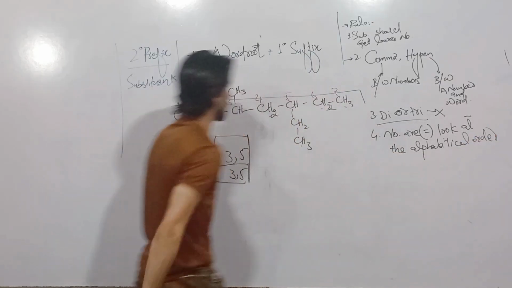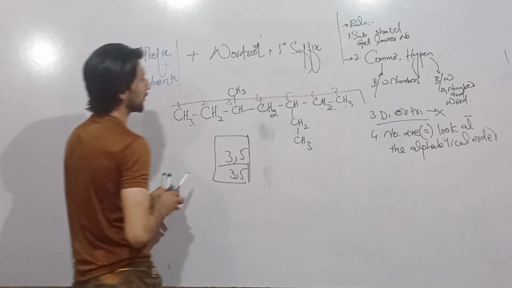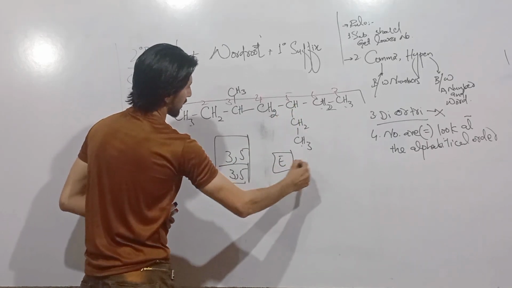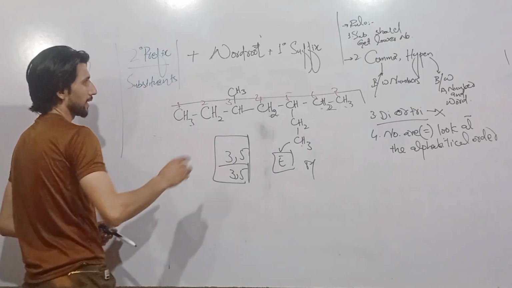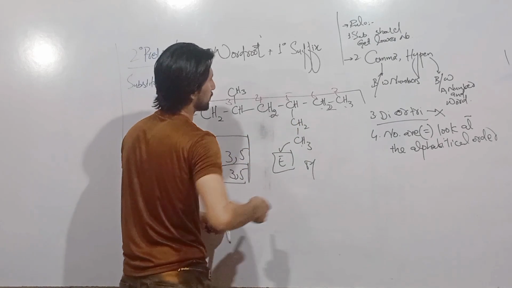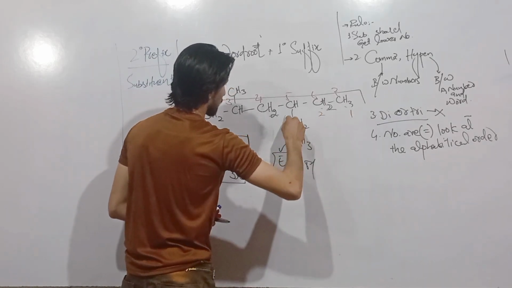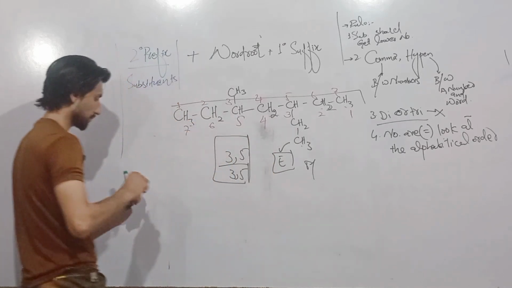Now we must look at the alphabetical order. And what does the alphabetical order tell us? Alphabetical order tells us that ethyl comes first, then methyl. So we must give preference to ethyl and give it a lower number. So we must number this compound from this side 1, 2, and 3, 4, 5, 6, and 7.